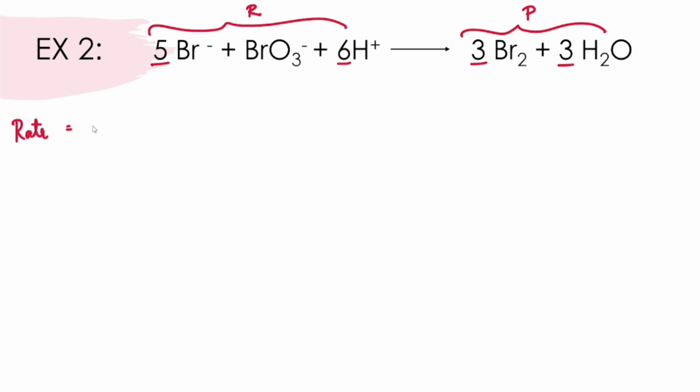Negative of, here we have a stoichiometric coefficient 5, so we have to take the reciprocal, 1 by 5 d of Br minus by dt equal to negative of d BrO3 minus by dt, there is no stoichiometric coefficient here, so we don't need to include anything.